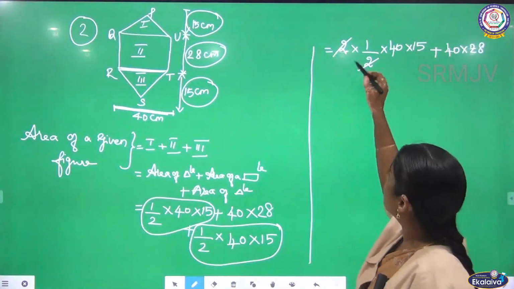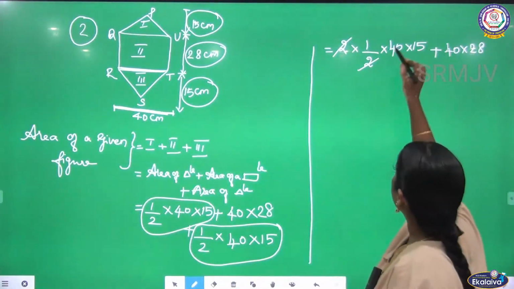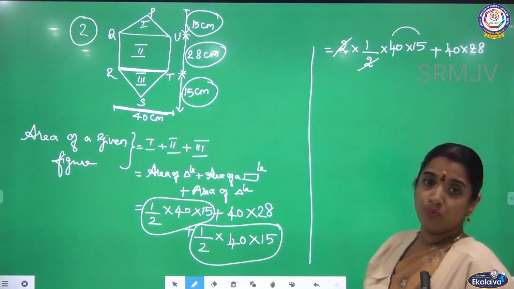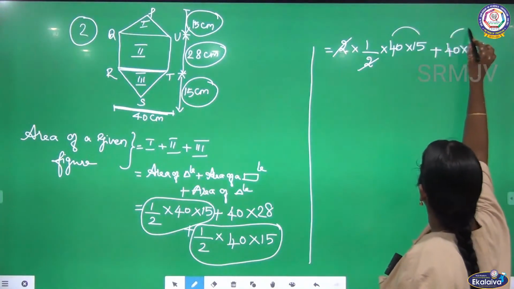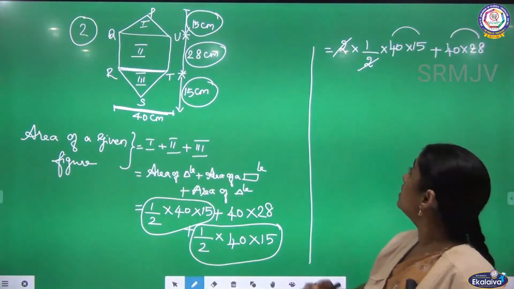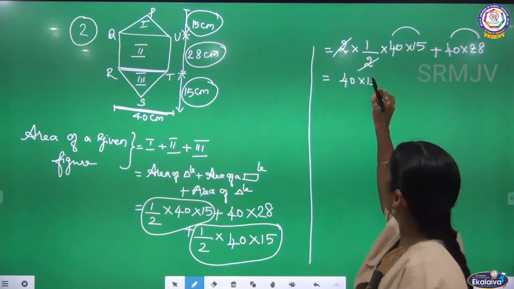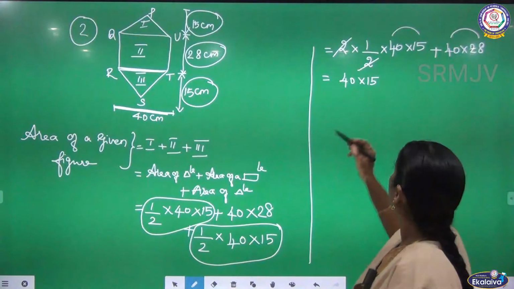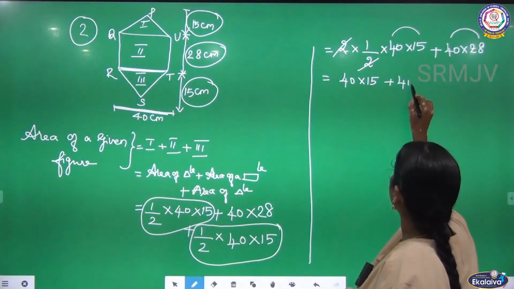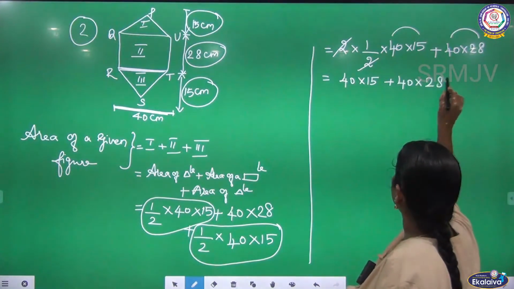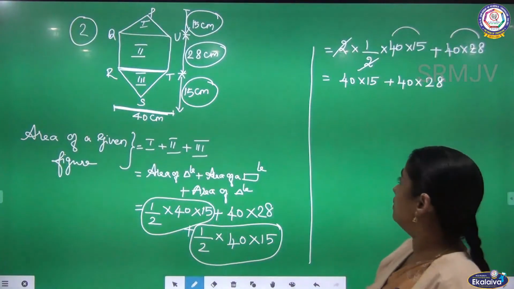So I can cancel this 2. Now I am going to multiply 40 into 15, and 40 into 28 I am going to multiply.